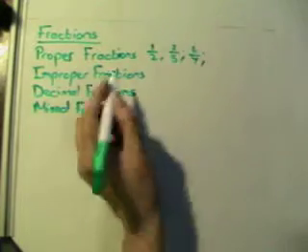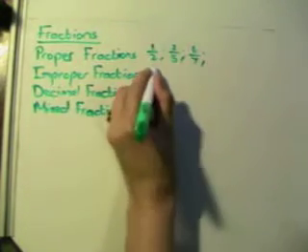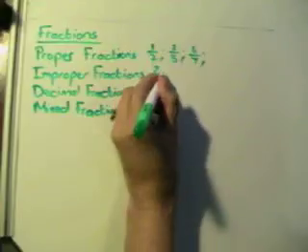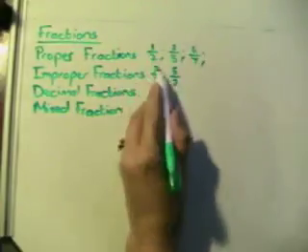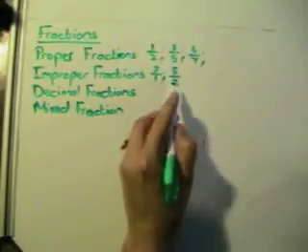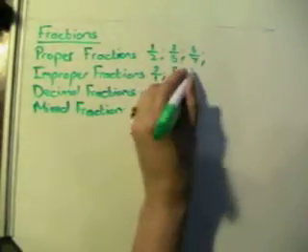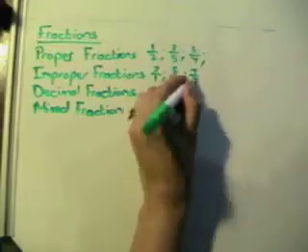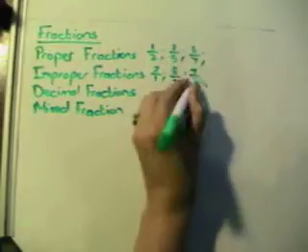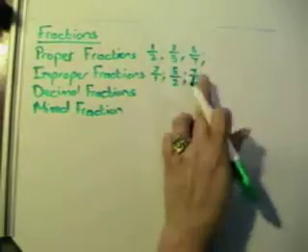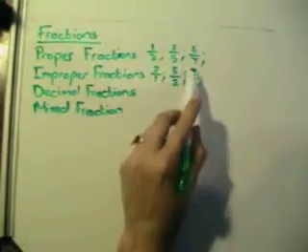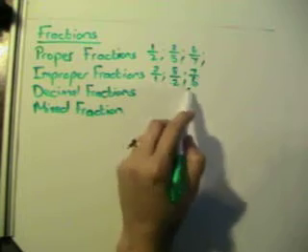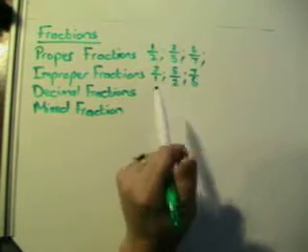Improper fractions are fractions where the numerator is bigger than the denominator. So for instance, 2/1, 5/2, 7/6, and that will be called an improper fraction, where you can see the top number is bigger than the bottom number in these fractions.